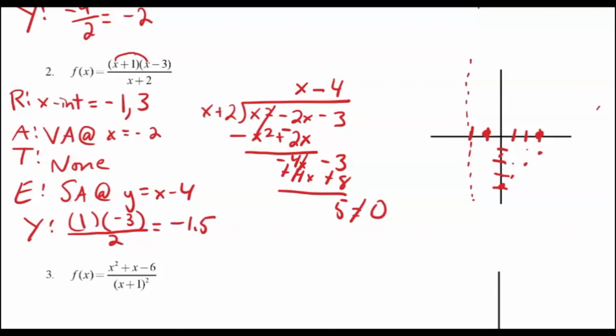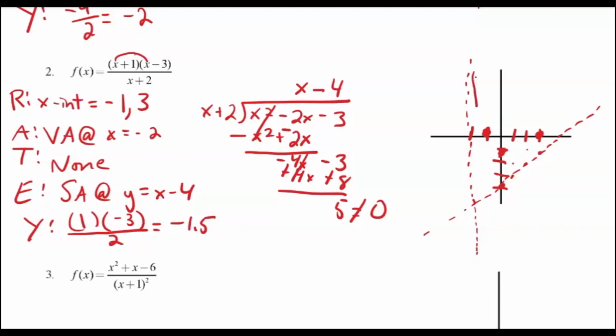So it's going to look something like that. And then I'm going to extend the vertical asymptote as well. Now, since I have roots at -1 and at +3, and then I have a y-intercept at -1.5, I know this piece of the graph looks like this.